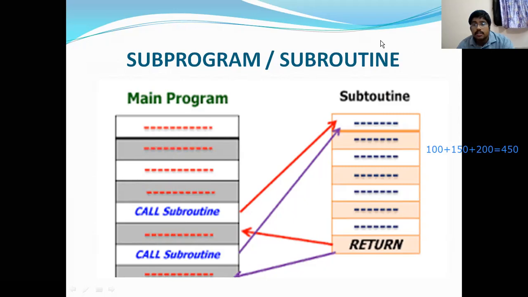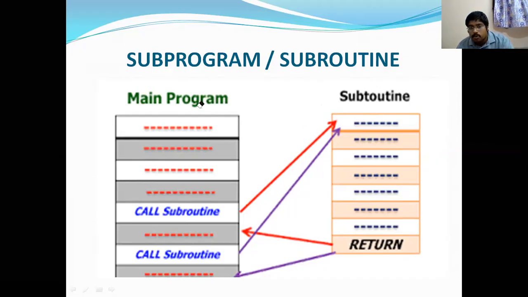See here, it is SUBROUTINE, not what was written; it is a small mistake. For example, assume this is an addition program.